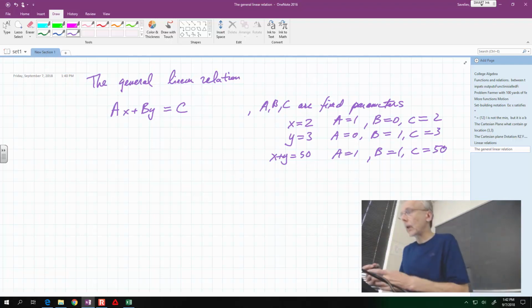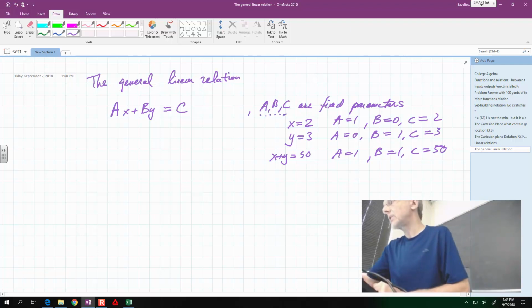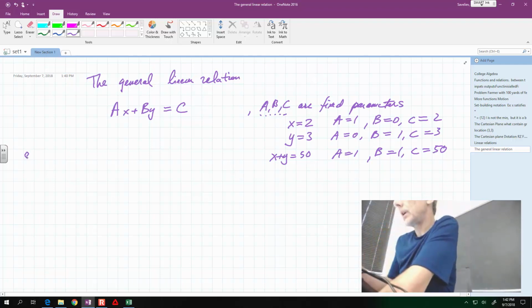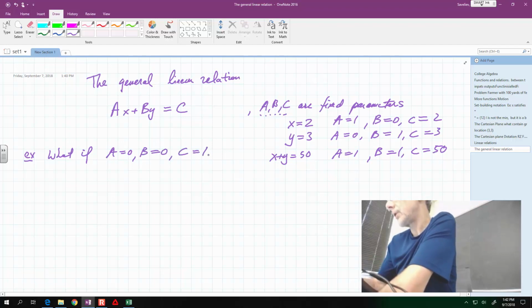One thing we have to be very careful about is that there is one extra restriction on A, B, C. Not every combination of A, B, and C is possible. So give me an example. What if A is equal to 0, B is equal to 0, and C is equal to 1?